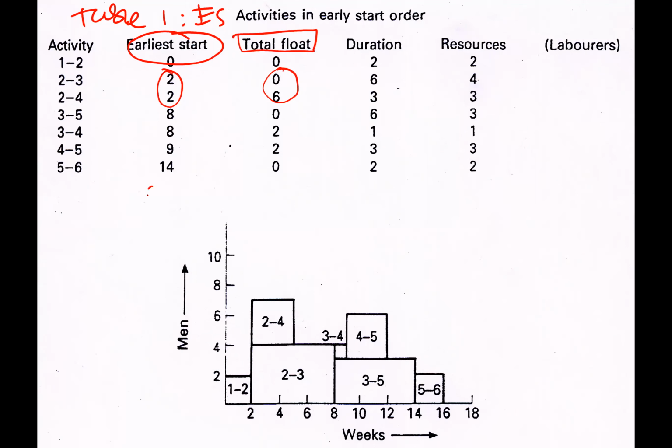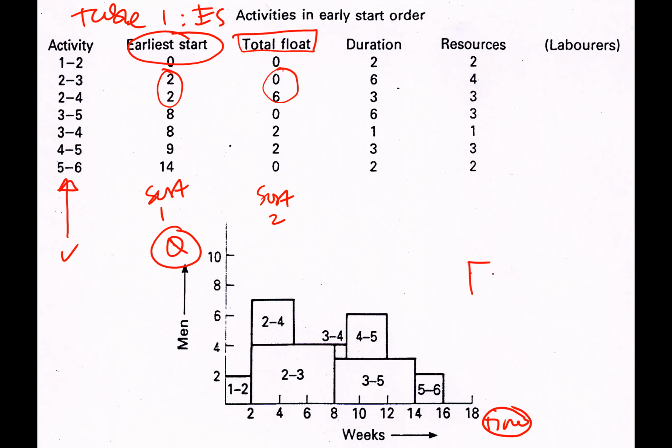This I would say is sort number one, sort number two, and at the end of the day, this is what you get. Once you get that, you can draw the diagram as we already learned. This is what we call time versus quantity, and the activity name is there already.